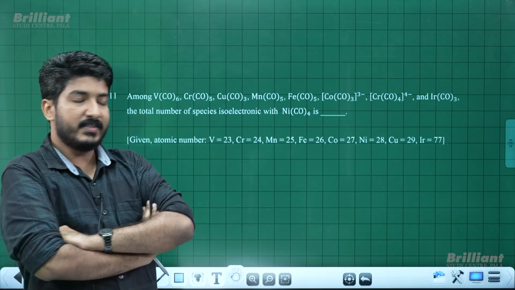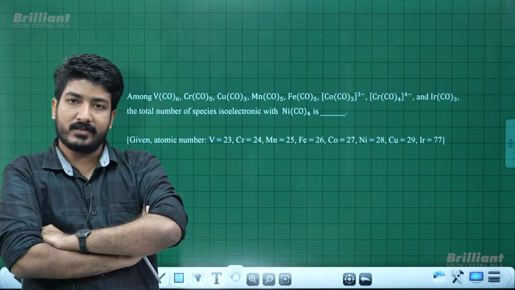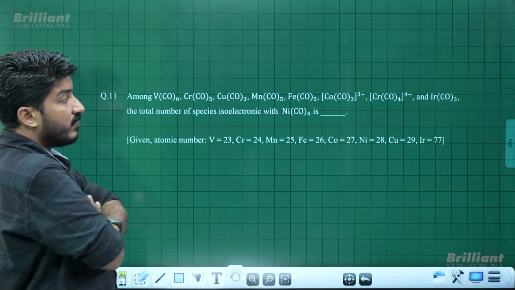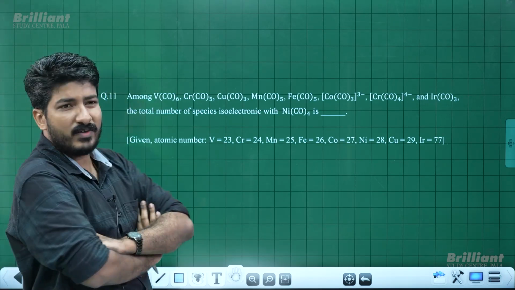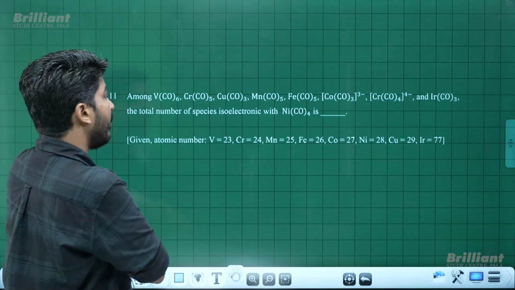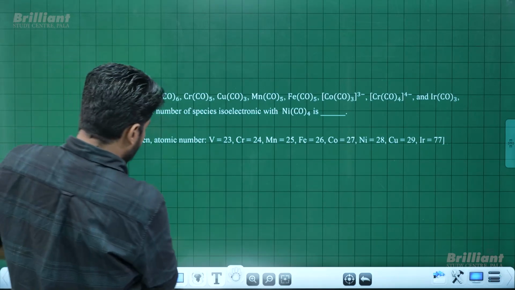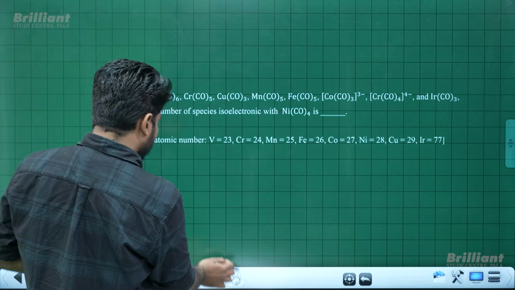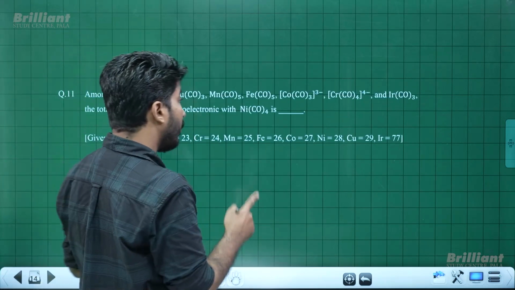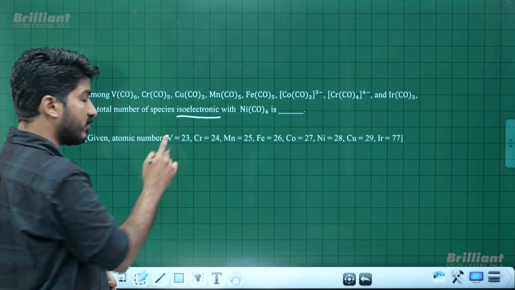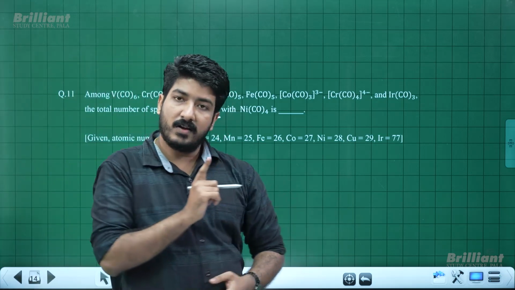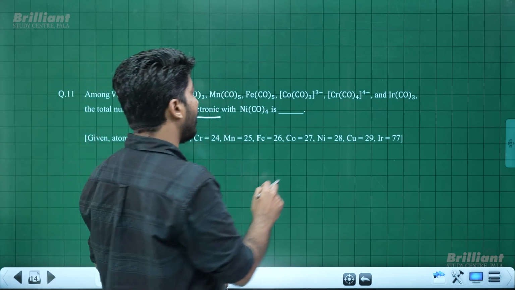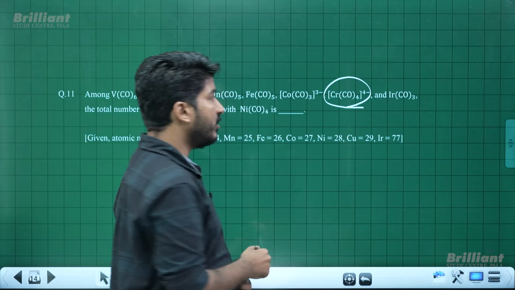Same number of valence electrons, same number of atoms, and same structure also. Those are called isoelectronic. That is a very strict definition. If we follow it, since they are using this term isoelectronic, we will be getting only one isoelectronic species from this set.